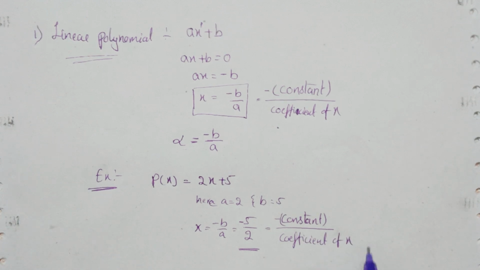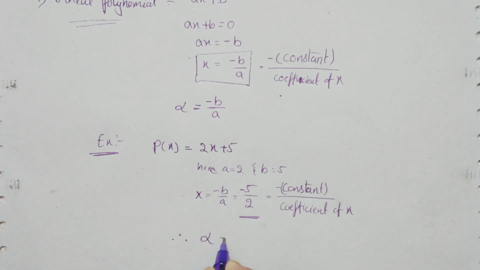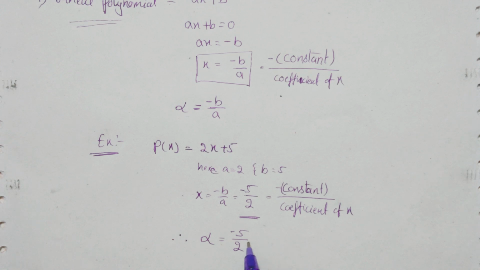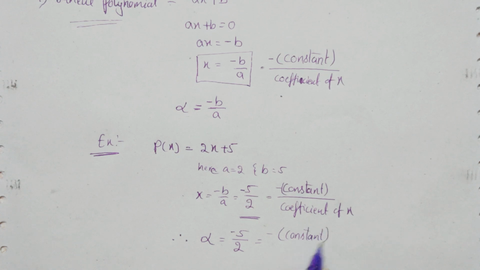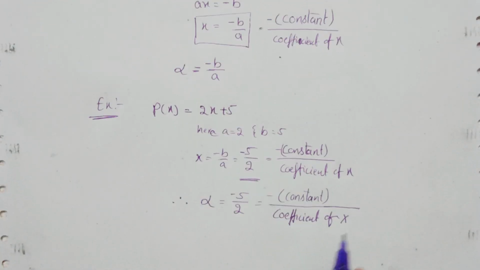So therefore alpha equal to minus 5 by 2, which is minus of constant divided by coefficient of x. Clear, guys.